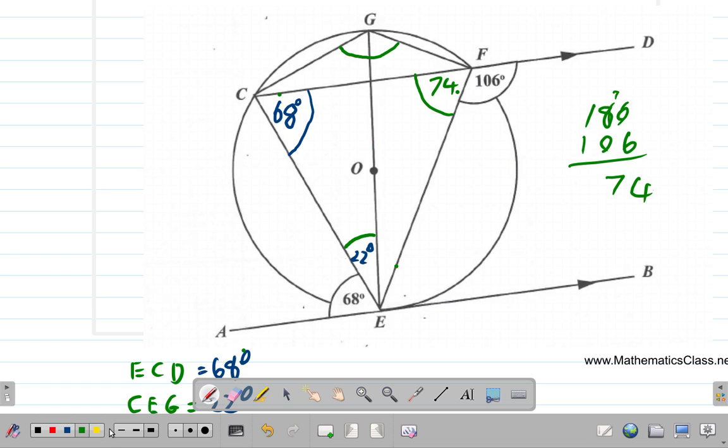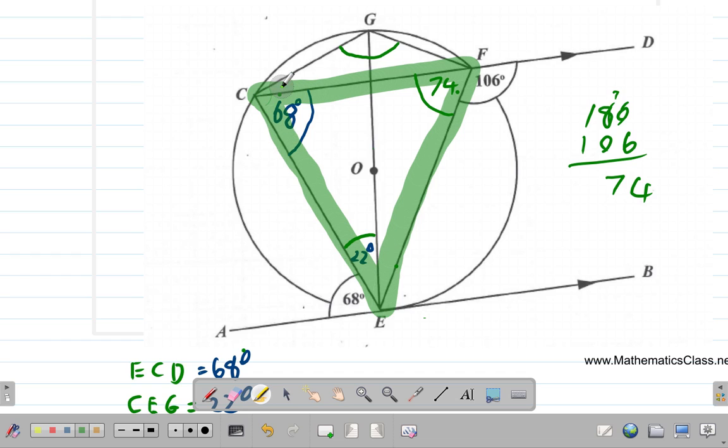Now you see one triangle here, and you have two angles filled in already. You have the 68 and the 74, so you can find the next one, right?